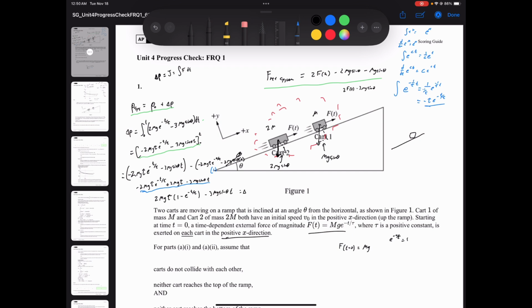Now that's equal to my change in momentum of the system, right? So this is the impulse acting on the system, but we're looking for the momentum of the system, like the entire equation, as a function of time.